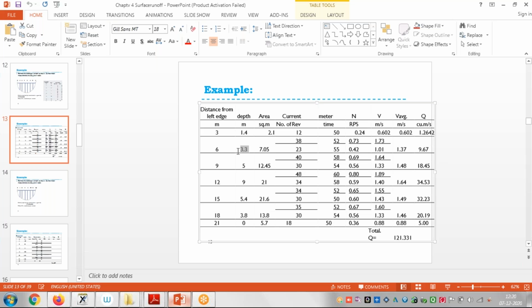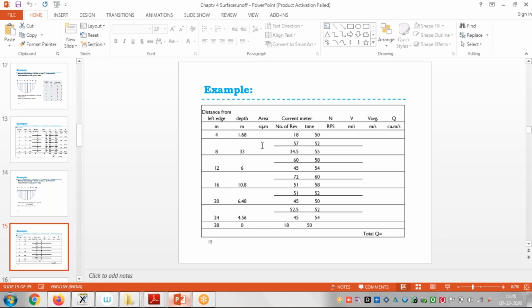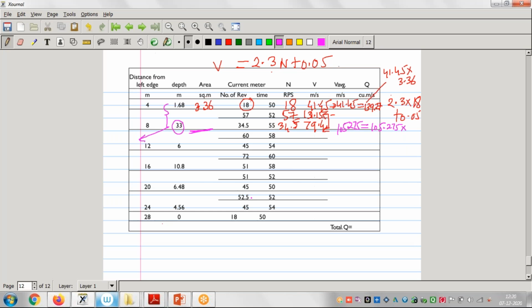3. Similarly, we will take the C. What we are doing here, first of all, please take the average of these two depths. Average of these two depths means what? 1.68 plus 33 divided by 2. How much are you getting?